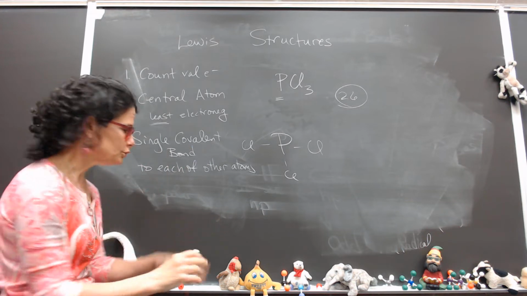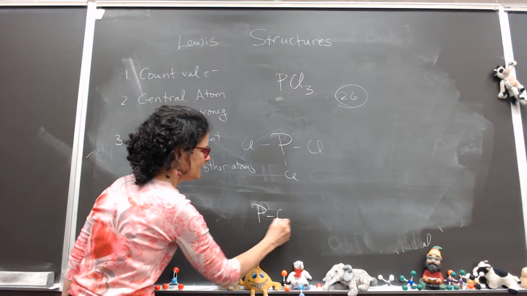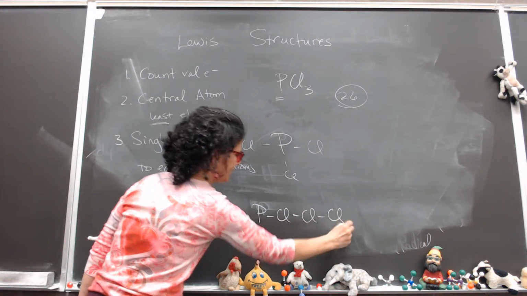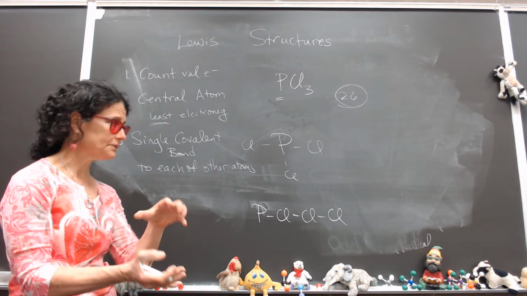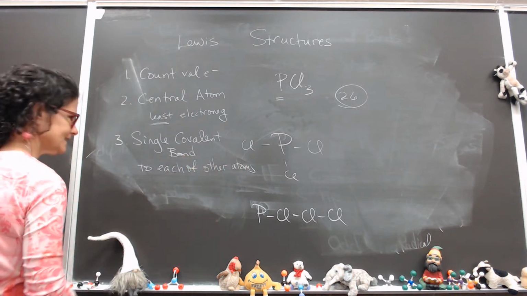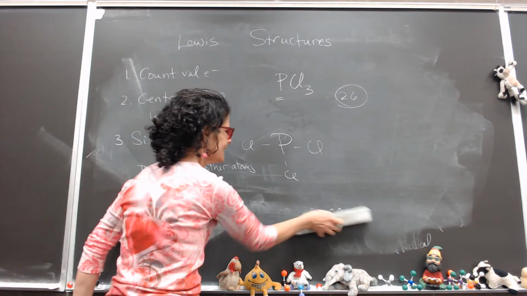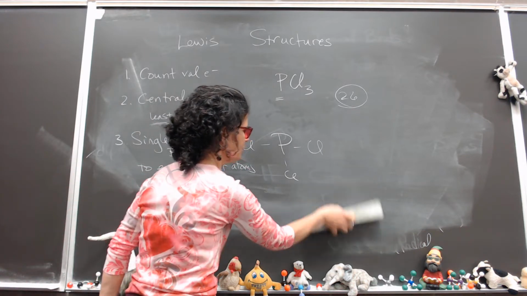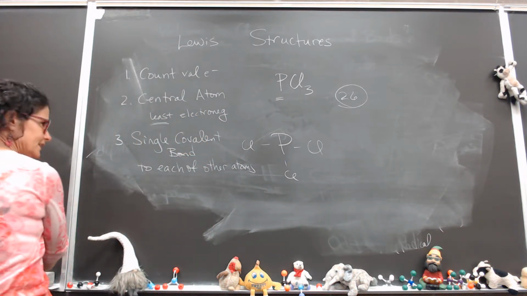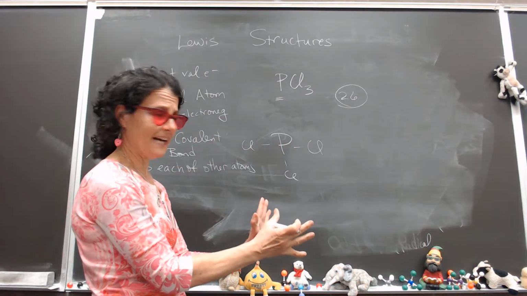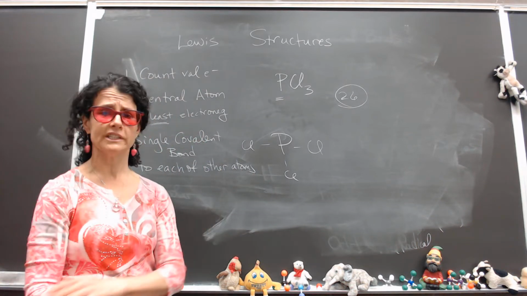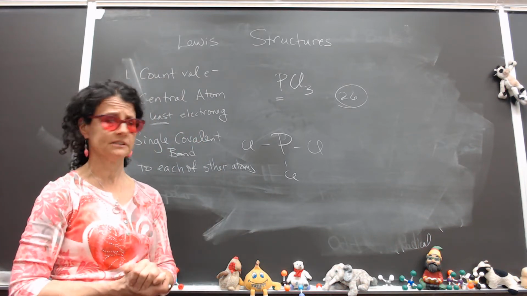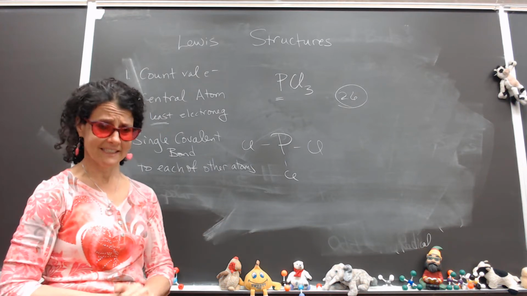Something you do not want to do, I'm going to erase this in a minute, is don't make them like this. Molecules want to be small surface area, so they compact like that. And this is why step 2 is so important. The chlorines are greedier. They want to be on the outside. The phosphorus is sharing a lot of electrons. Each of those chlorines is only sharing 2 electrons. The phosphorus is sharing 6 electrons.